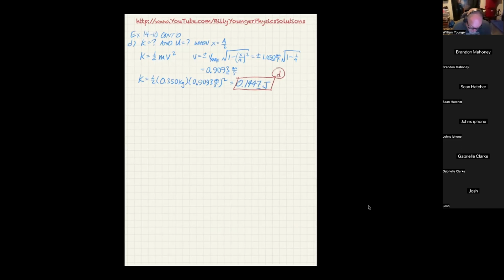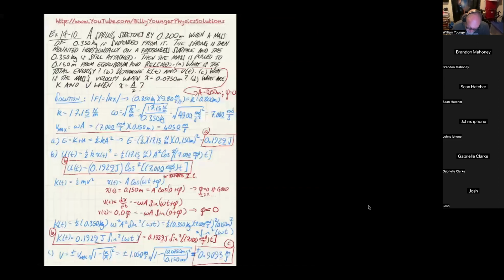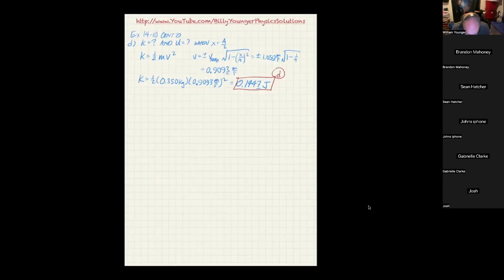Now, you know the total energy was 0.1929, so we could just do 0.1929 minus this, and that would give us the remaining energy, so that's acceptable. Or you could actually calculate it, and U is equal to 1/2 k times x squared.